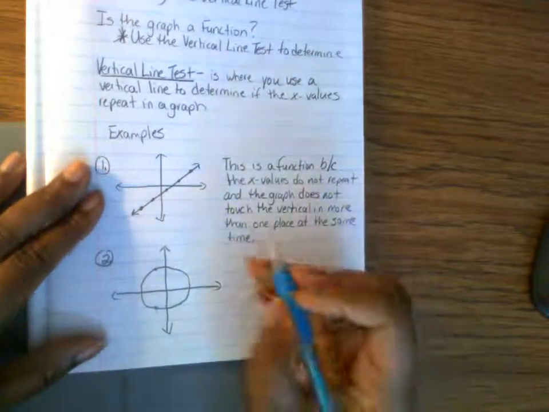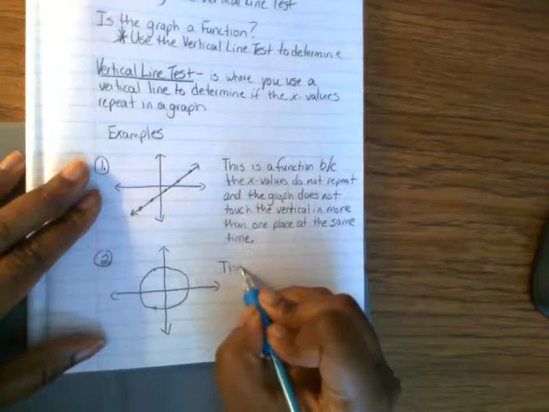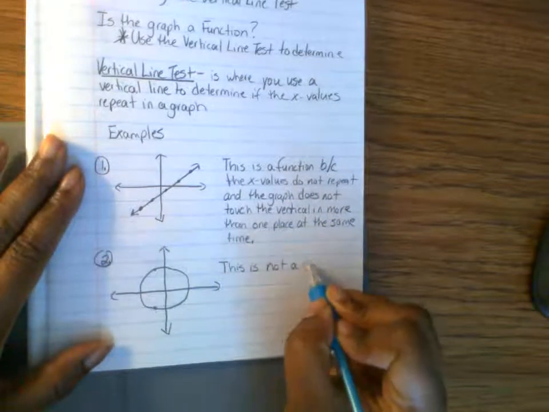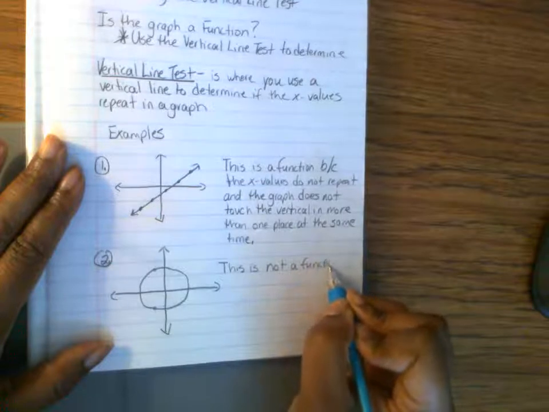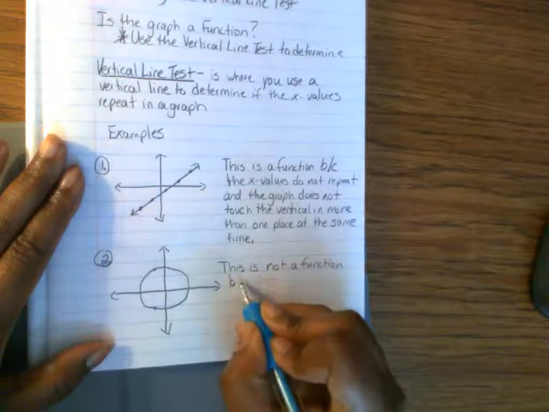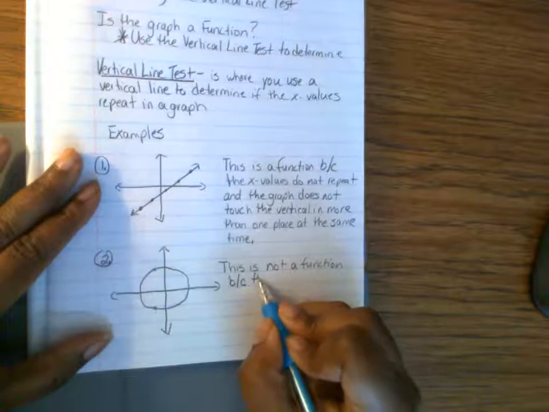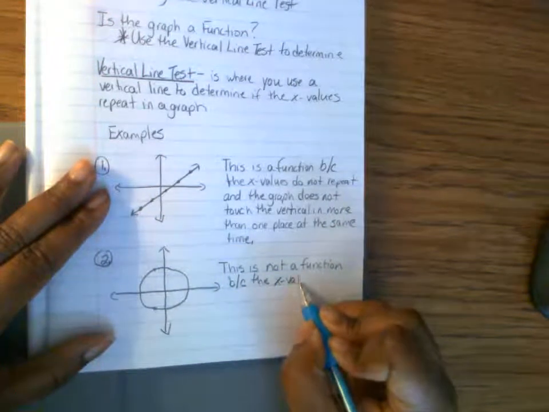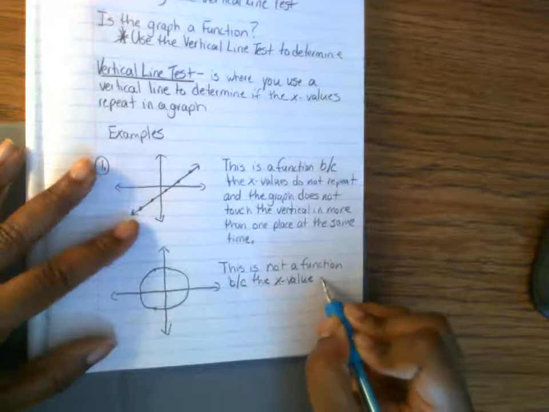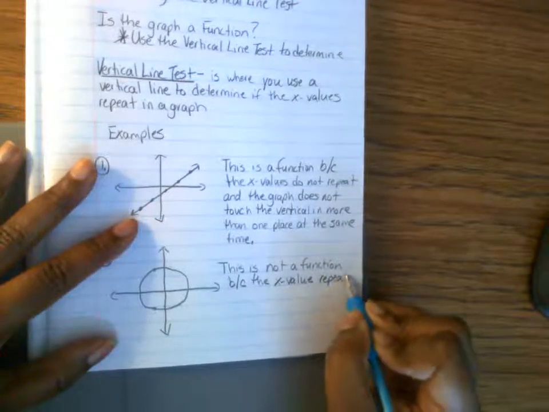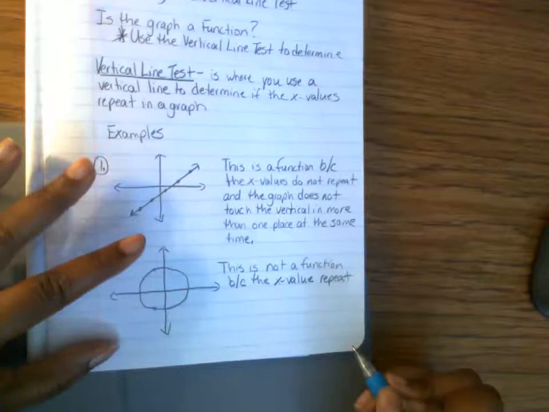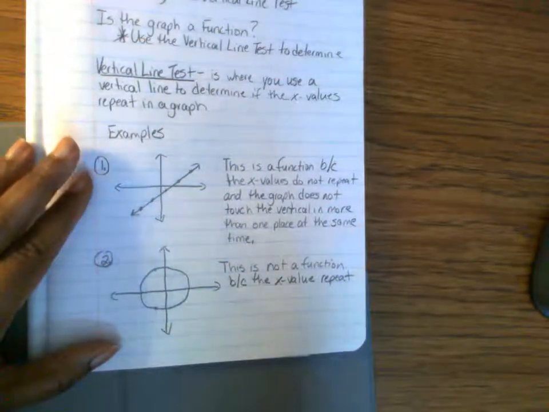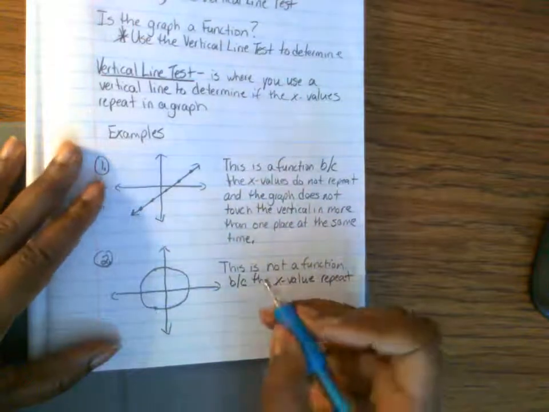because the x values repeat and the graph touches the vertical line in more than one place at the same time.